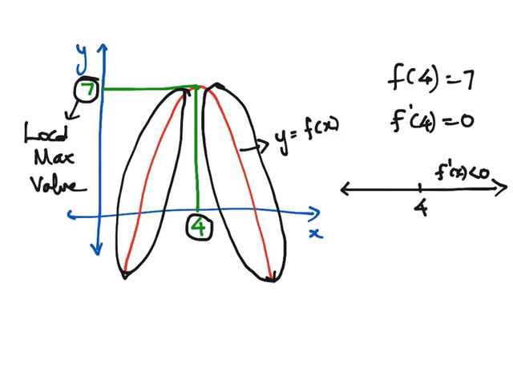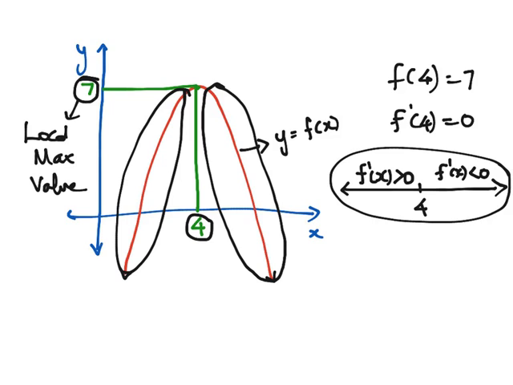And if you take a value less than 4 and substitute in the first derivative, you will find that f dash of x will always be positive. In fact, without drawing the curve, using this number line alone, we will deduce whether the function is decreasing or increasing before and after 4. That is how we determine whether 4 gives us the local maximum or minimum values.